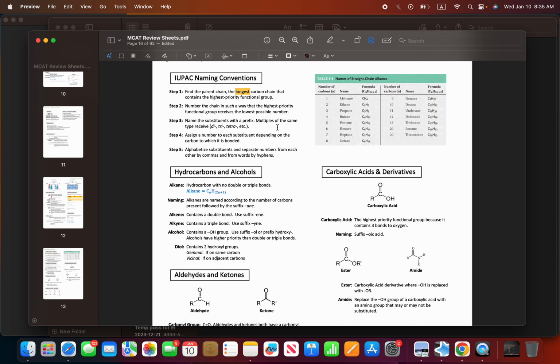But anyway, the third step is that the subsequent substituents, you name them with a prefix, and the multiples get a di, tri, tetra, and then you assign a number to each substituent depending on the carbon to which it is bonded.